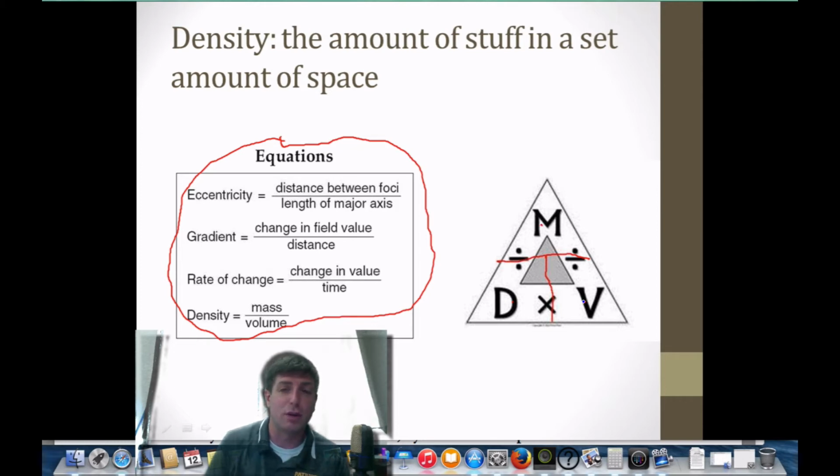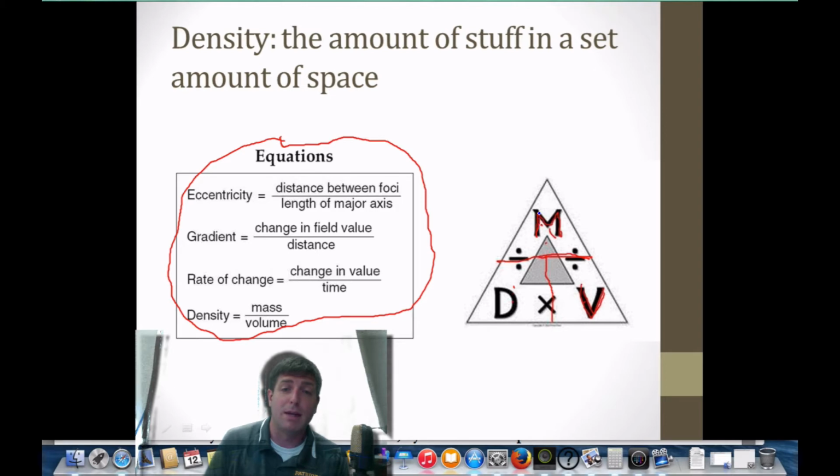What's nice about the triangle is whatever variable you're missing, the triangle allows you to recall how to find that variable. So, for example, if we're looking for density, density is going to be mass divided by volume. Let's say we wanted to find the volume, and we were given the mass and the density.